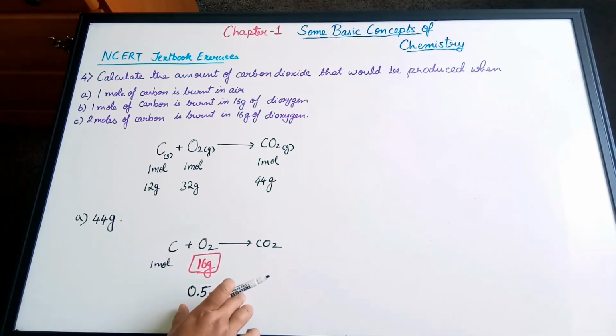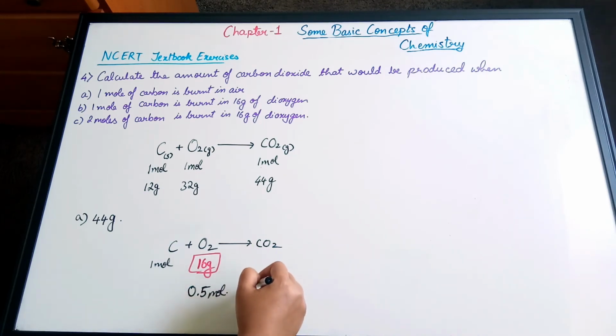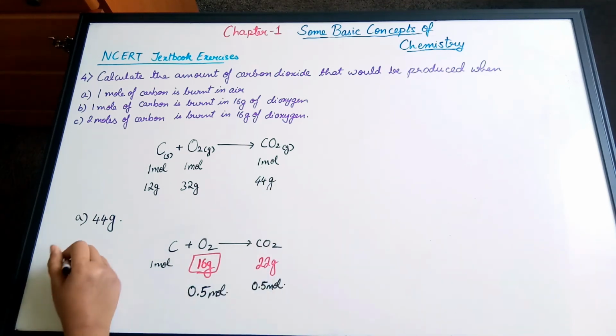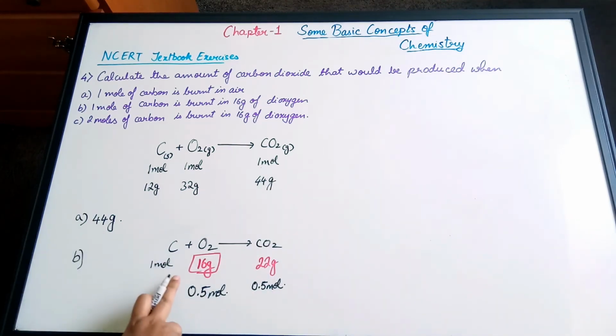So here oxygen is acting as the limiting reagent because it gets completely used up in the chemical reaction, and this leads to the formation of only 0.5 moles of carbon dioxide. So this will also be divided by 2, so it will form 22 grams of carbon dioxide, because in this condition you only have 16 grams of oxygen.